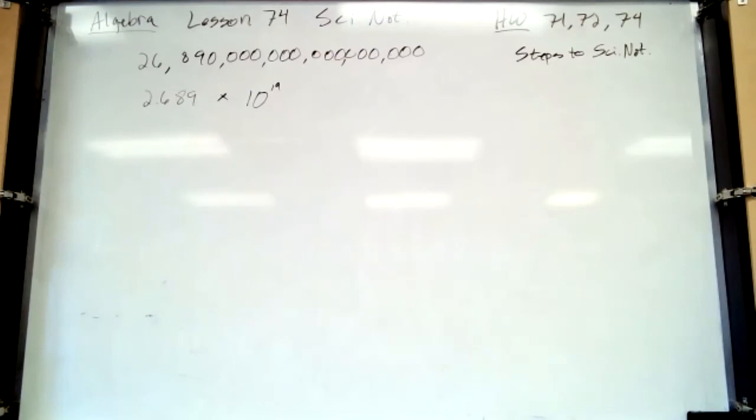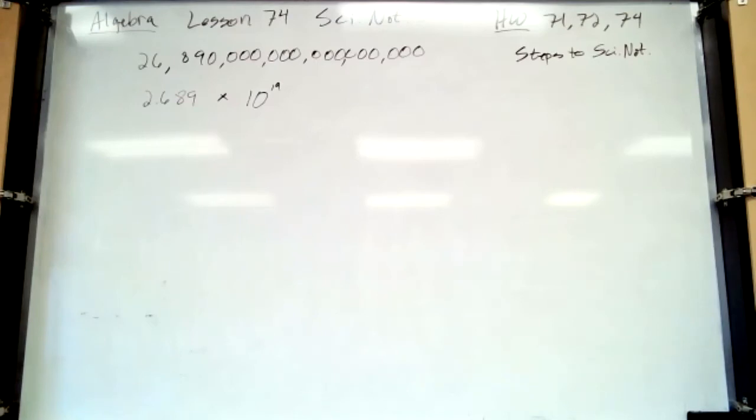So step 2, multiply by a power of 10 that will return the decimal back to its origin, where it started.